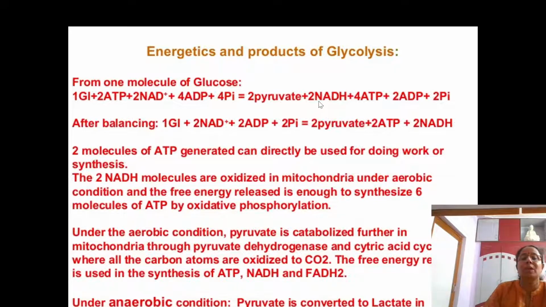So, from 2 NADH, we are going to get 6 ATP molecules. Remember, under aerobic conditions, pyruvate is catabolized further in mitochondria through pyruvate dehydrogenase and the citric acid cycle, where all carbon atoms are oxidized to what? Carbon dioxide, and the free energy released is used in the synthesis of ATP, NADH and then FADH2.